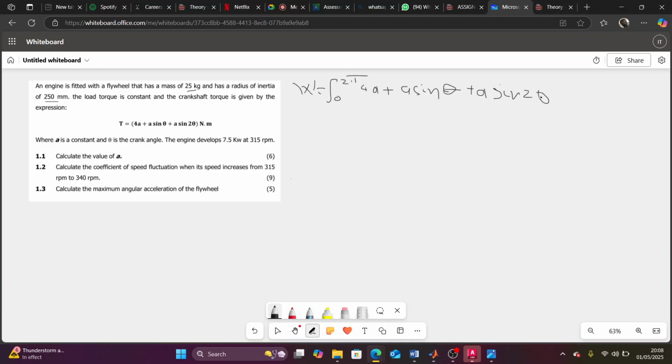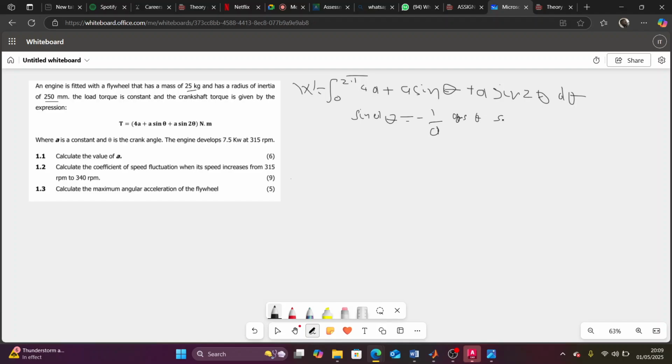2 theta now in terms of d theta. Okay, you need to know in terms of integration, if you have integration of sine A theta, the answer is minus 1 over A cos A theta.